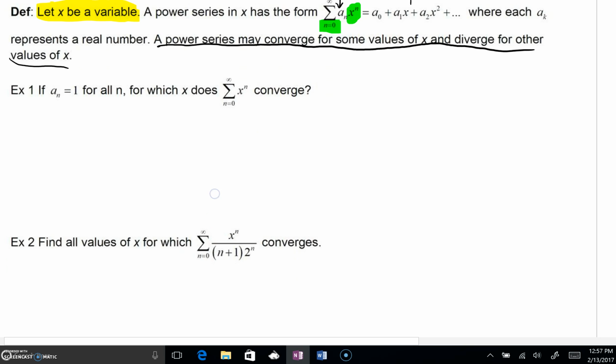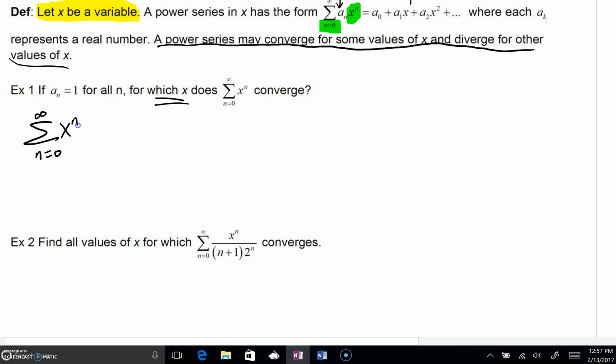And if that were the case, take a look at example 1. You'd say, I've got this power series, n equals 0 to infinity of x to the n. For which values of x does this series converge? As I begin to jot this down, you could say, plug in 0.